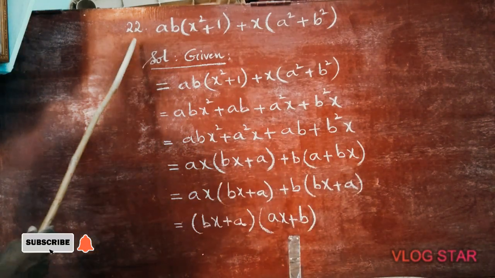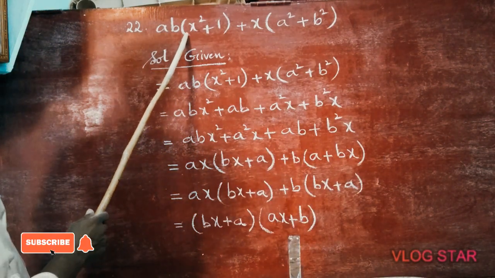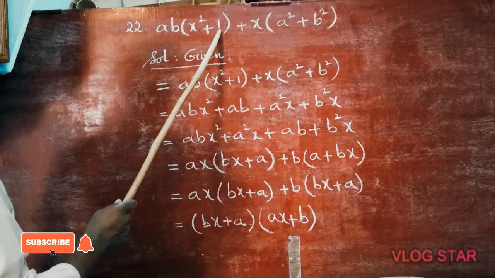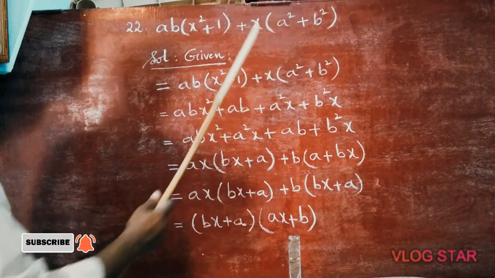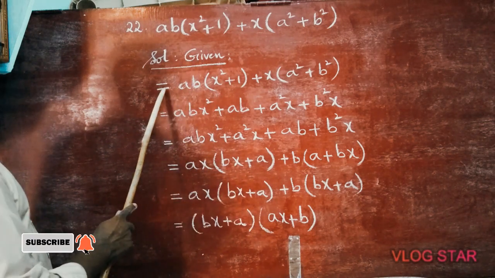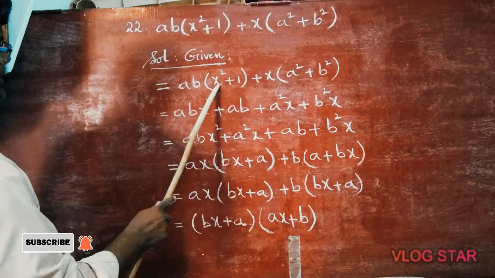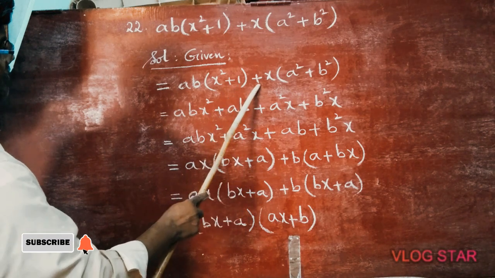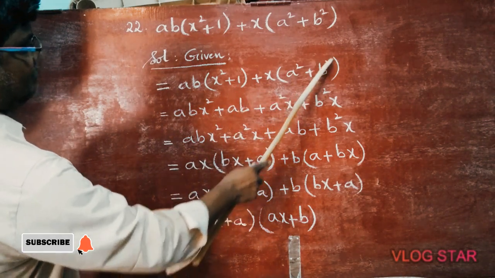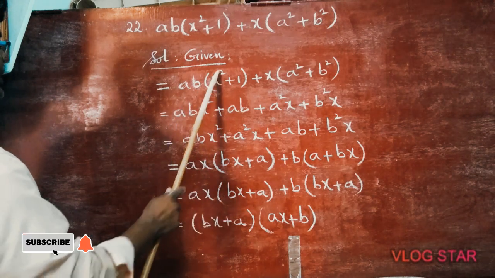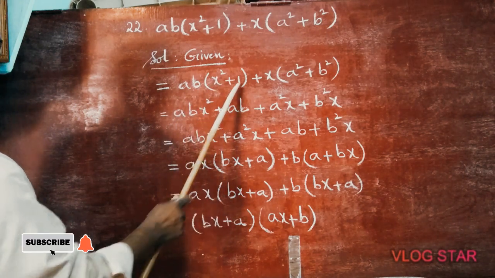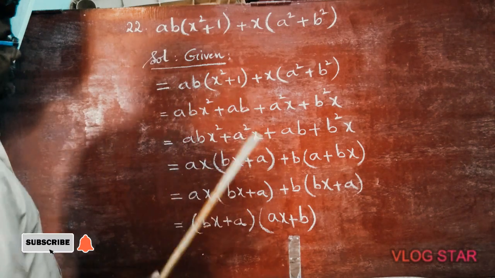22nd problem. ab into x square plus 1 plus x into a square plus b square. Solution, given: ab into x square plus 1 plus x into a square plus b square. Now multiply. ab into x square plus 1 is ab.